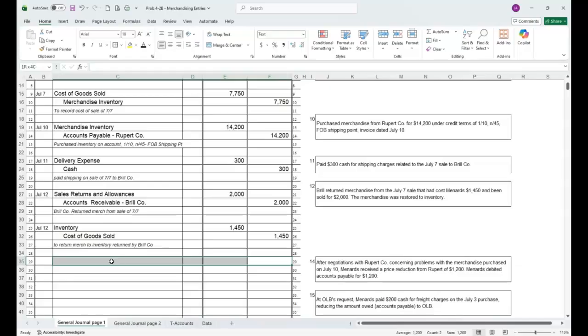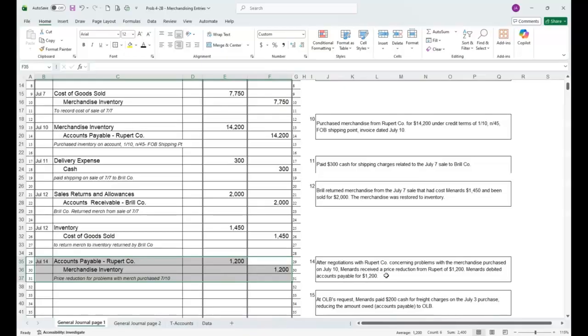We negotiated with Rupert Company, and we received a price reduction. We purchased from Rupert on July the 10th some merchandise, 1/10, n/45, FOB shipping point. They would pay the freight, and we got a $1,200 price reduction.